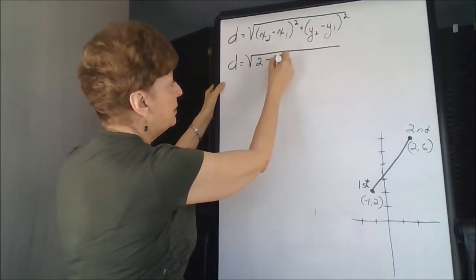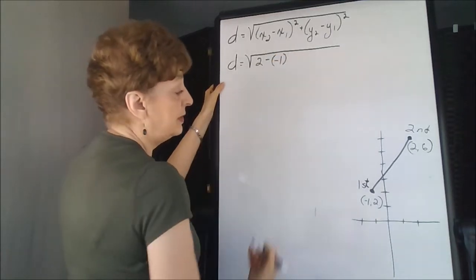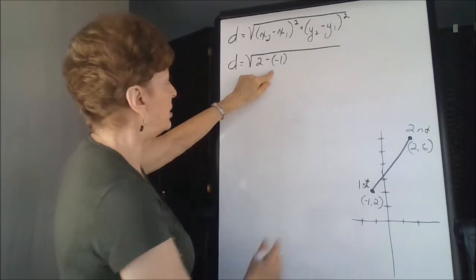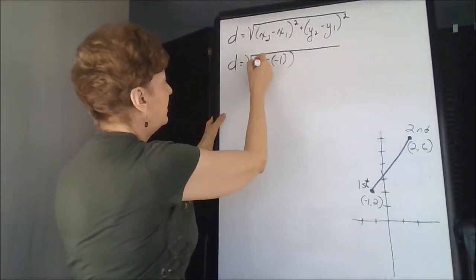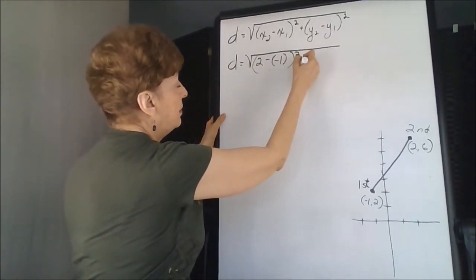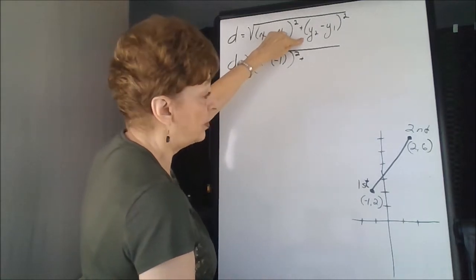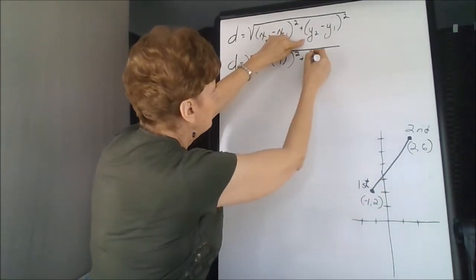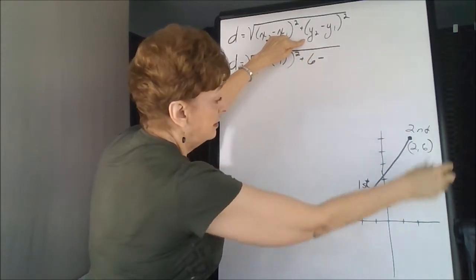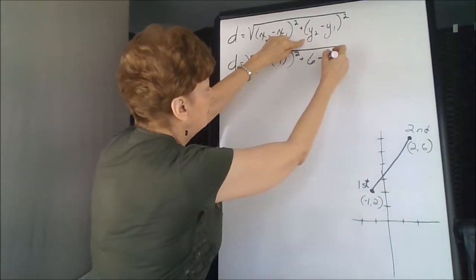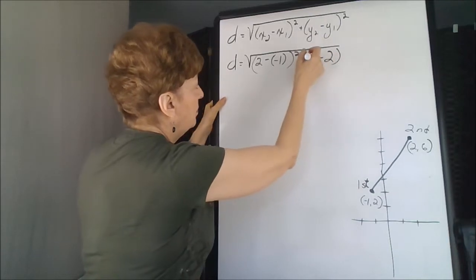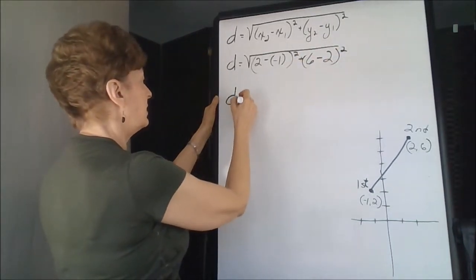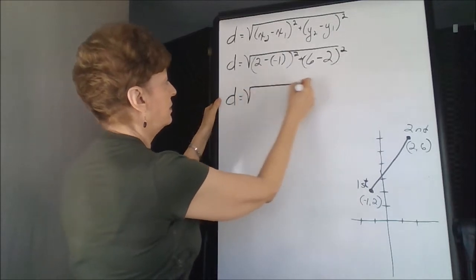So I'm going to just parenthesize my -1 so I don't get confused when I do the calculation. And this quantity then is squared. Moving on to the y portion of the second point, 6 minus 2. And that quantity is squared. Distance is equal to.